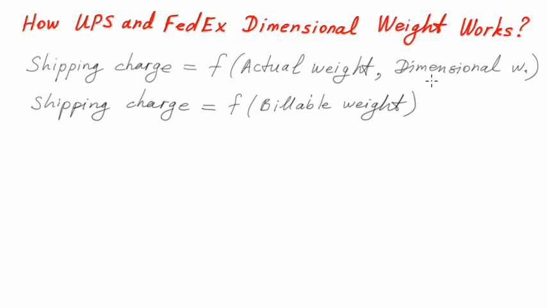If we use actual and dimensional weights to define billable weight, then shipping charge will be just a function of this billable weight. And this function is given in UPS tables. It depends on where you ship the parcel and which UPS or FedEx method you use.